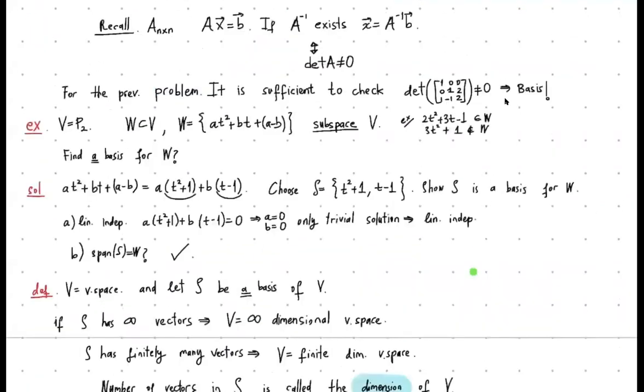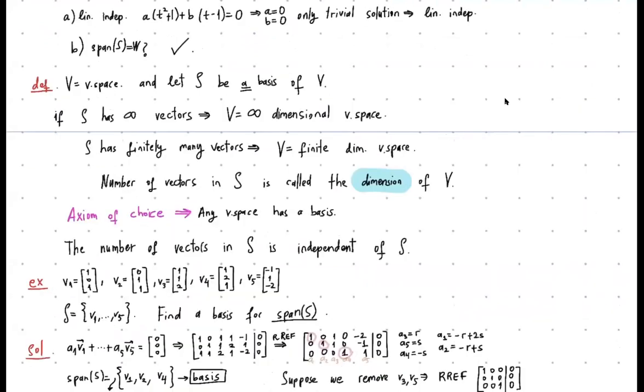Okay, so the number of vectors in a basis of a vector space is called the dimension. So it can be shown that the dimension does not depend on your choice of basis. So any choice of basis must have the same number of vectors, and it equals the dimension.